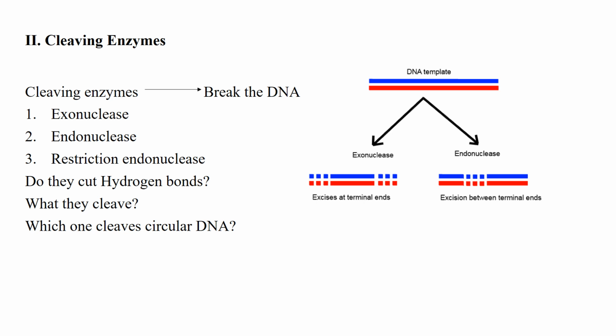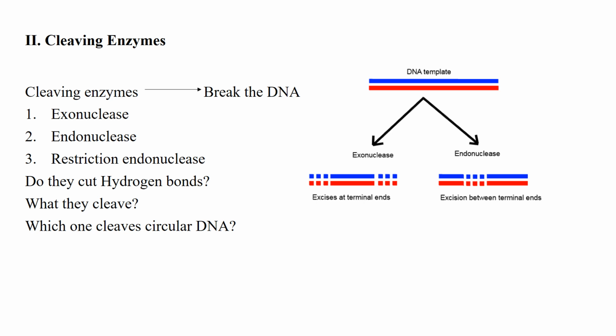Actually, what do they cut? They cut the phosphodiester backbone present on DNA. They don't cut the hydrogen bond, they only cut the phosphodiester bond. And the third question regarding the cleaving enzymes is, which one cleaves circular DNA?